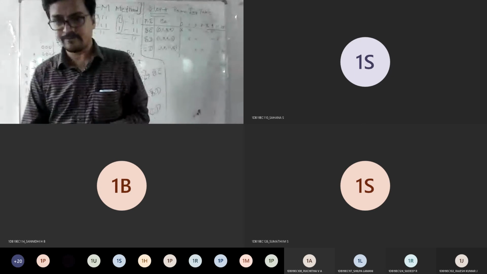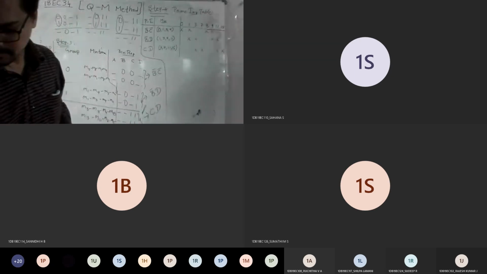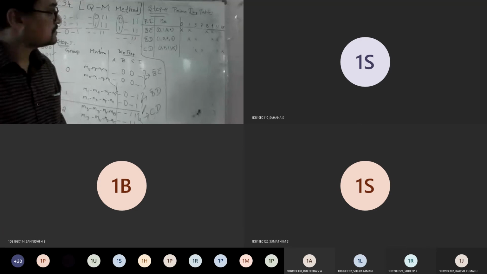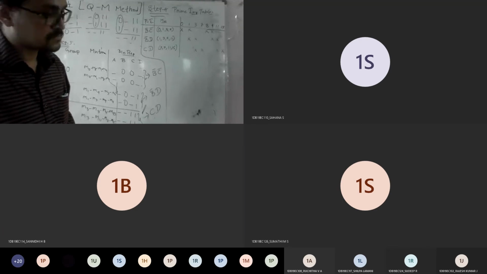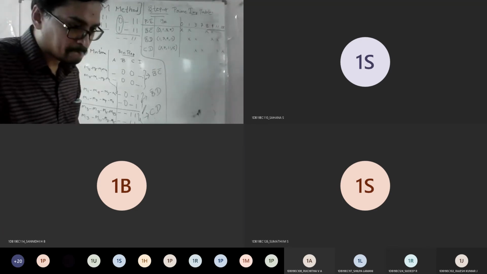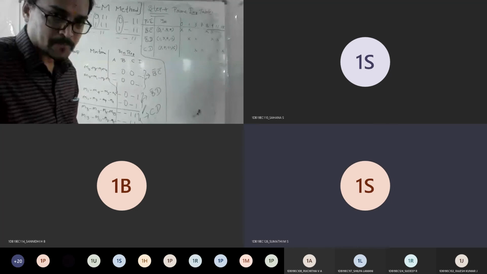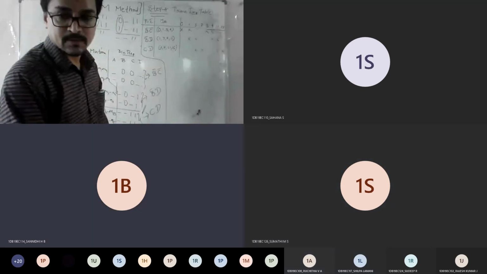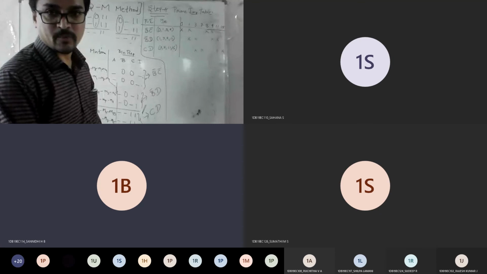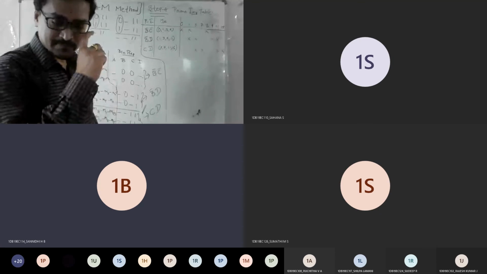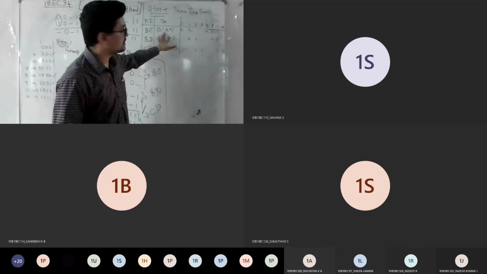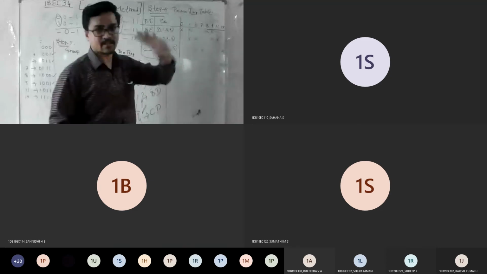Have we got how I filled this table? Any doubts? I just marked the minterms that were in this table with a cross mark.